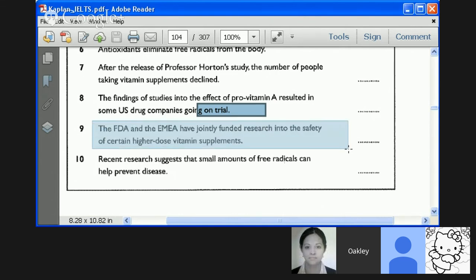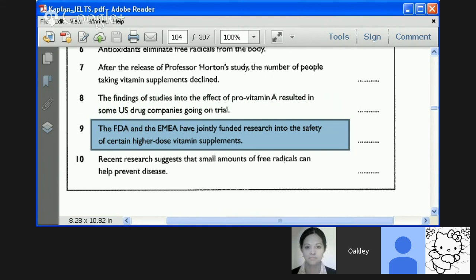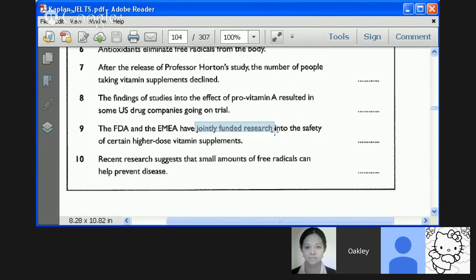Okay, the FDA and EMEA have jointly funded research into the safety of certain higher dose vitamin supplements. What are we going to look for? What's the easiest thing to look for?